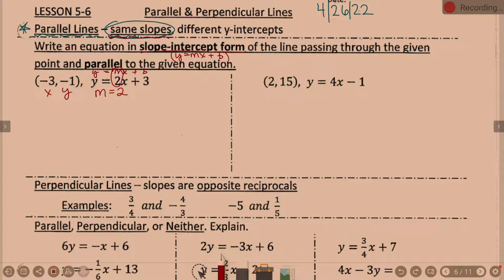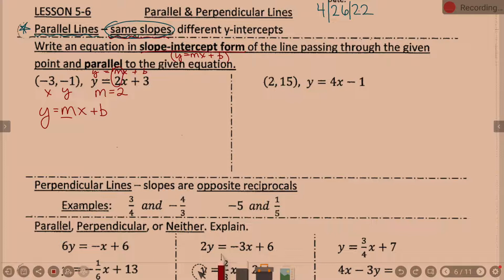Now, I was going to do this a different way, but okay, I'm going to revert to using the other way. Slope-intercept form we just said was y equals mx plus b. Well, I have m.